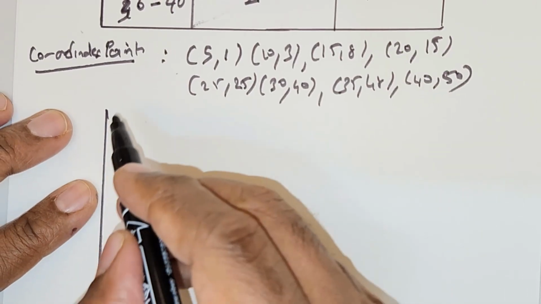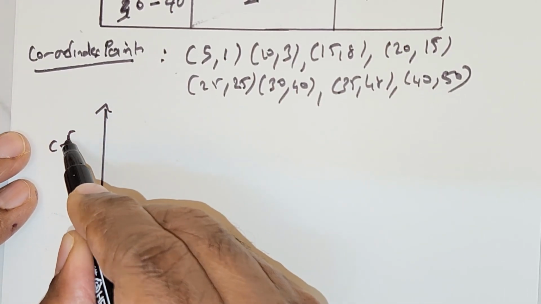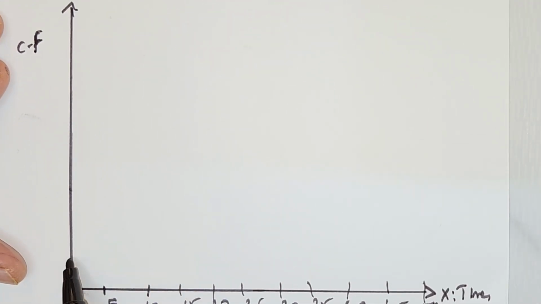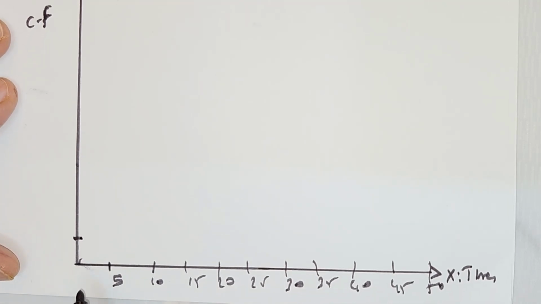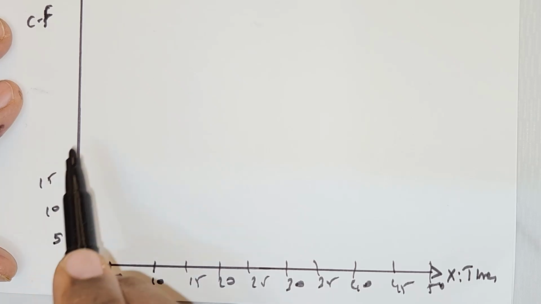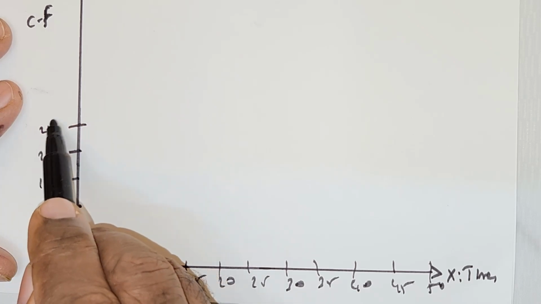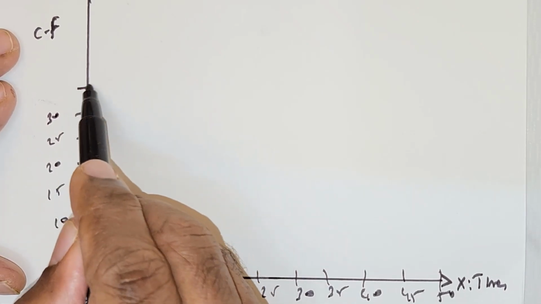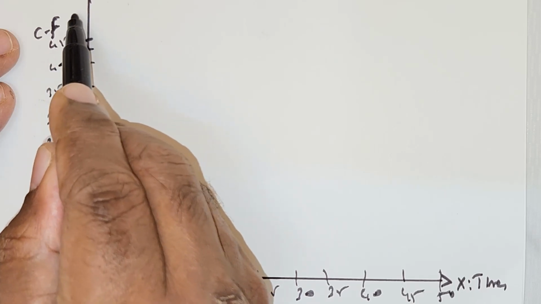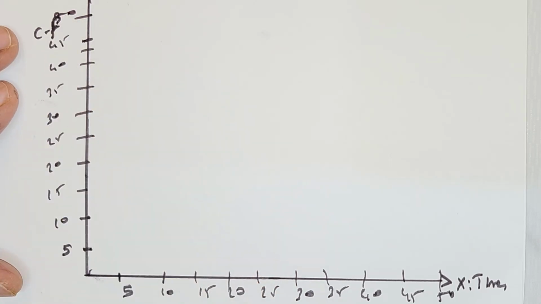And then along the y-axis, this is going to be my cumulative frequency, C dot F. Each 2 centimeters on the y-axis represents 5 students. So you have 5, 10, 15, 20, 25, 30, 35, 40, 45 and 50.